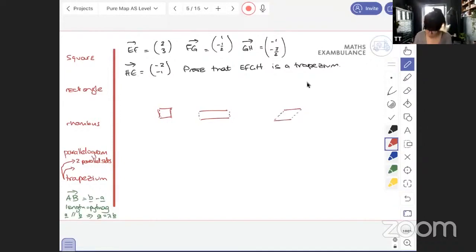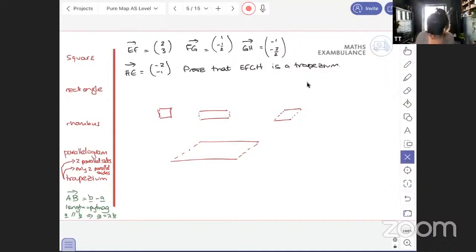A parallelogram has two parallel sides, and in fact another two parallel sides. So just because I've got two parallel sides, how do I know that it isn't a square or a rectangle or a rhombus or a parallelogram? The reason is it doesn't have two more parallel sides. Only two parallel sides; the other two are not parallel. That's all I need to do: show that two sides are parallel and the other two are not parallel.